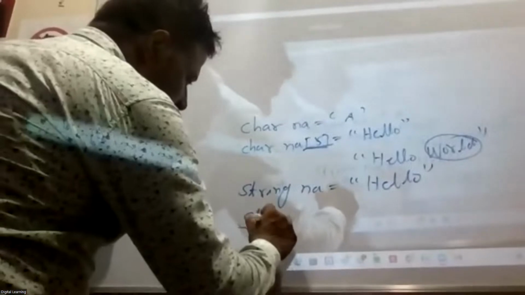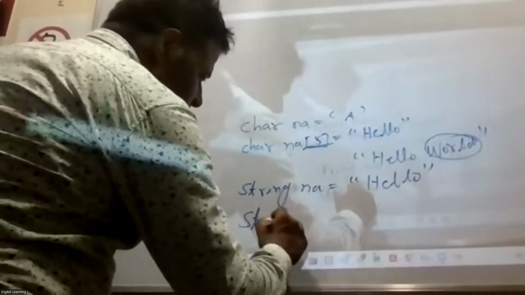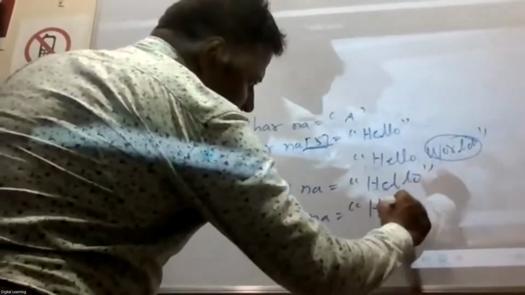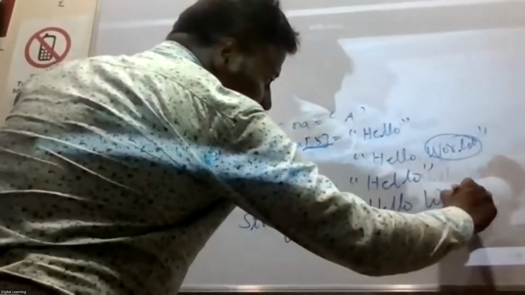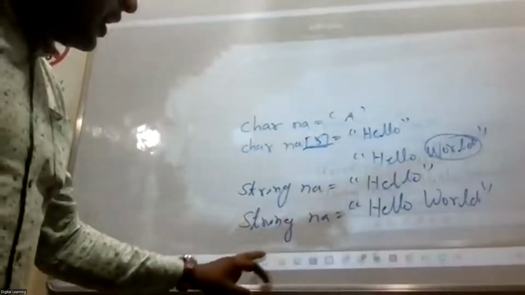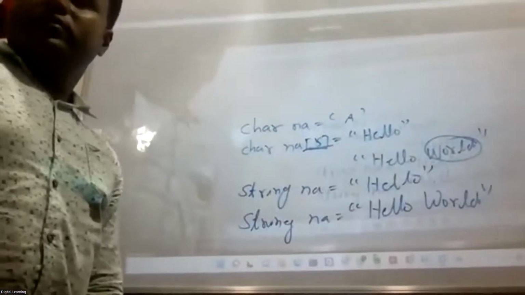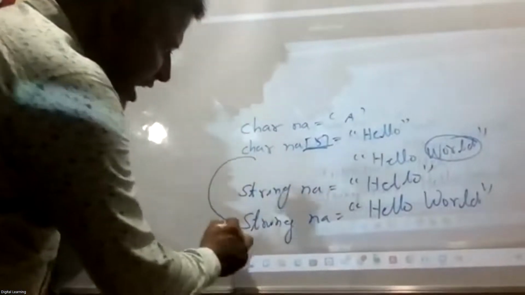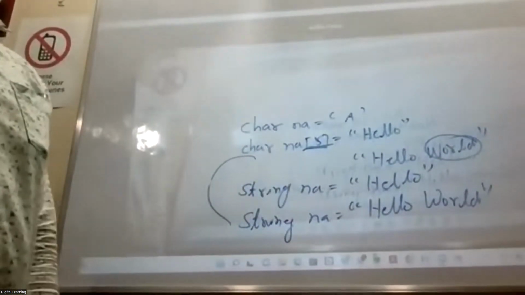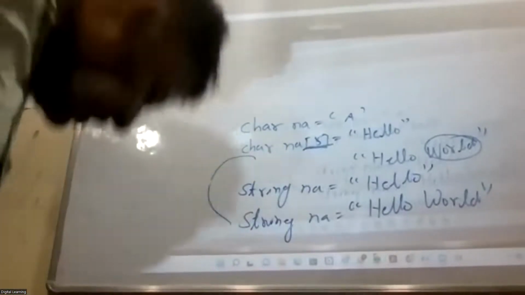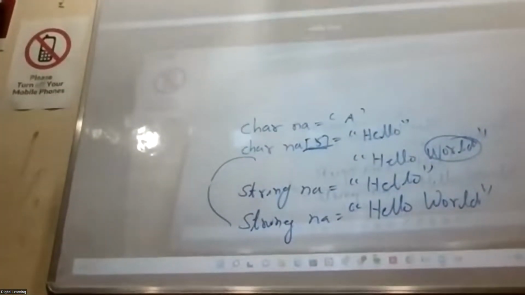I can store the value hello world. It is an abstract data type. Abstract data type is derived from the primitive data type that is called char. The string is called the abstract data type, which is derived from the primitive data type char. Okay.